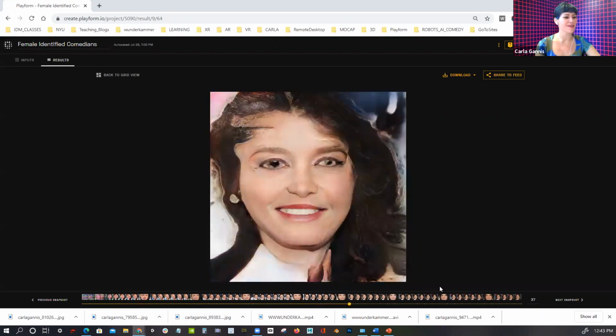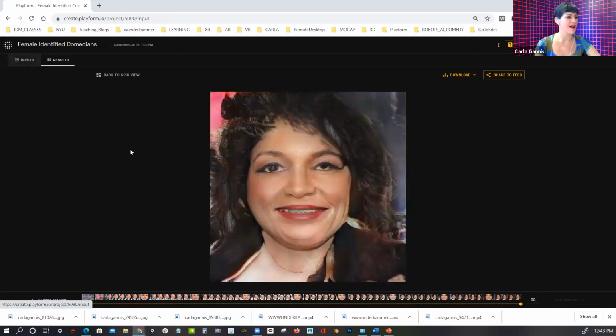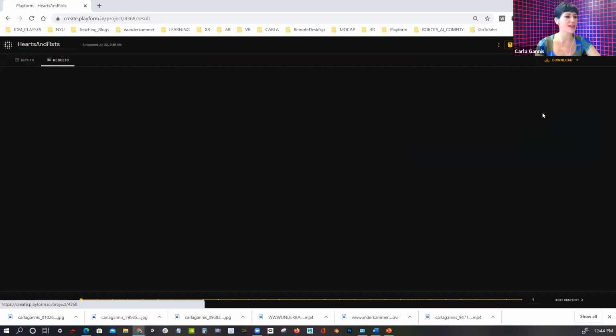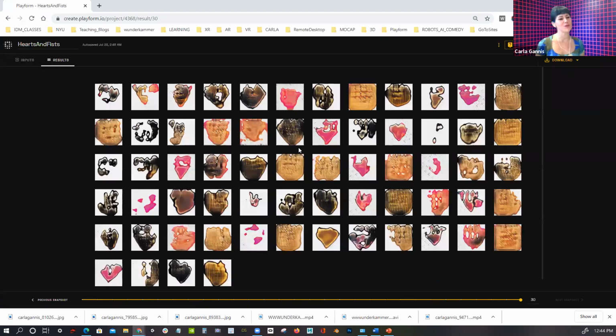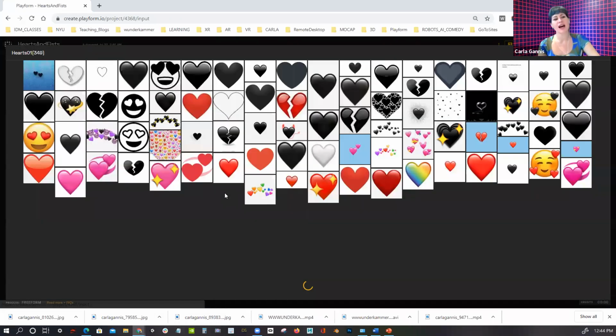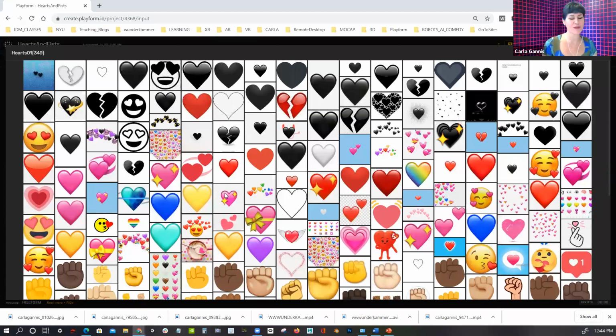But some really fantastic possibilities here. And let's see, oh, here are the hearts and fists. Now, sometimes when I first generated this one, here are my inputs. So I've been looking at a lot of data visualization. If any of you know some of my early artwork, I emojified the Garden of Earthly Delights by Hieronymus Bosch a few years ago. So I am not an emoji expert, but I am known for using emoji and digital semiotics in my work.